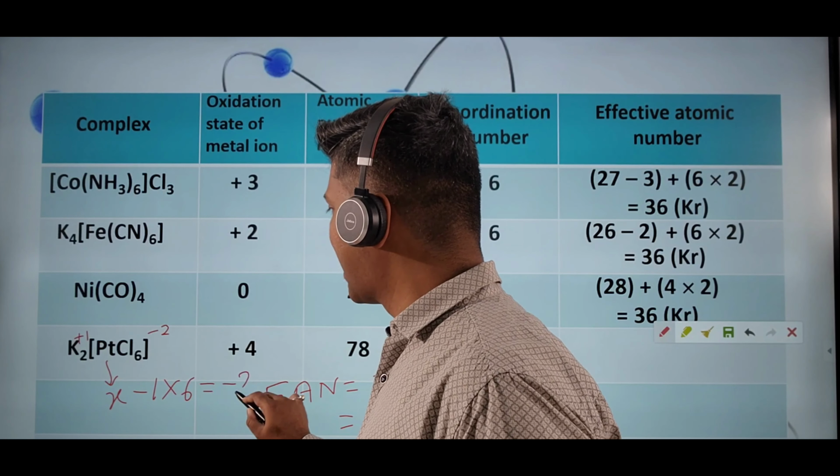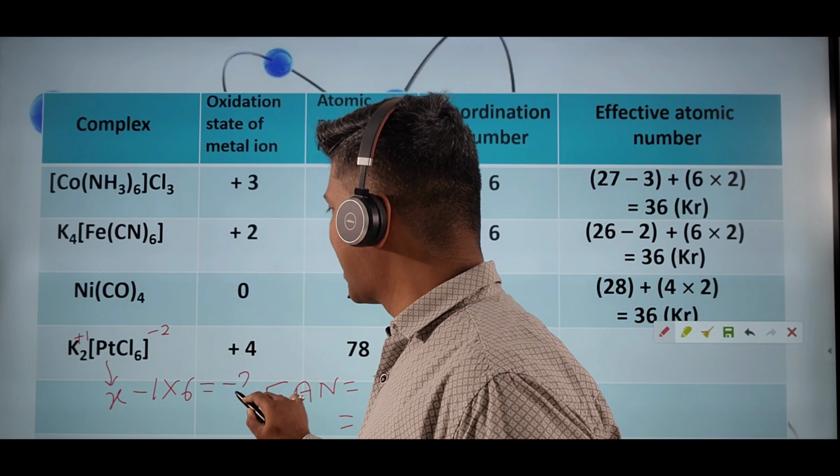So 78 minus 4 is 74, 74 plus 12 is 86, and 86 is the atomic number for what? We saw it here earlier: radon. The atomic number of radon is 86.